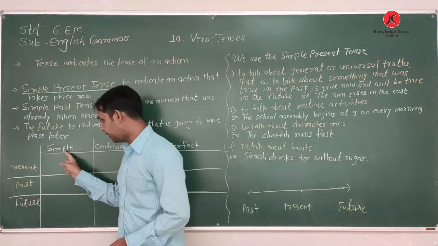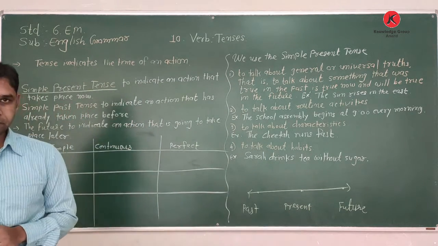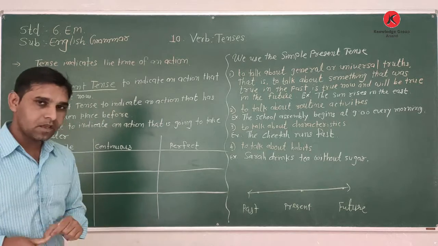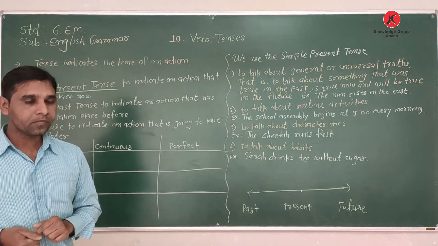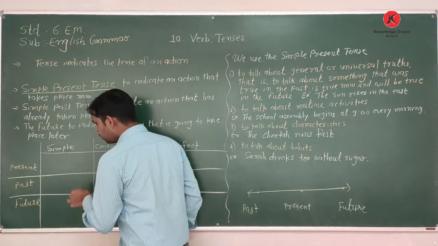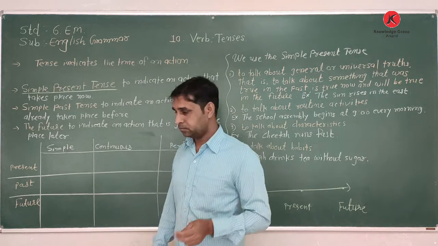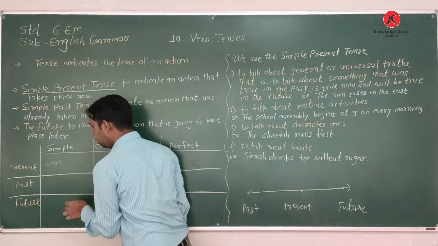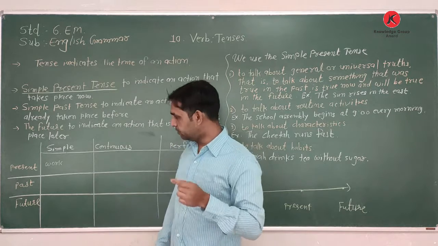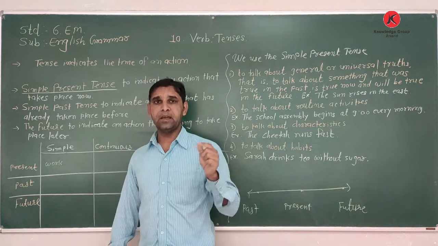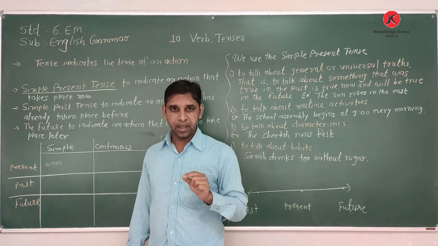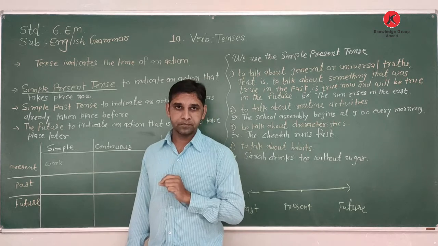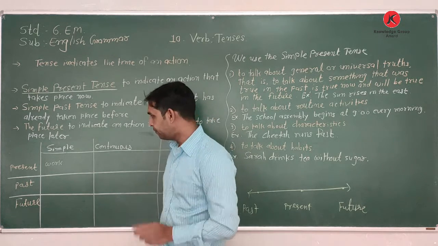In simple present tense, which verb do we use? If we use this verb, work, it is used with the pronouns of first person singular and plural, second person singular and plural, and third person plural.